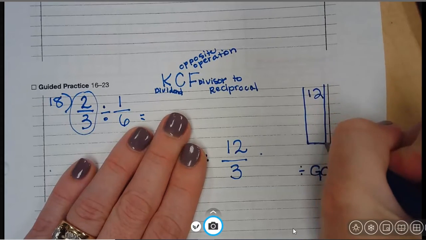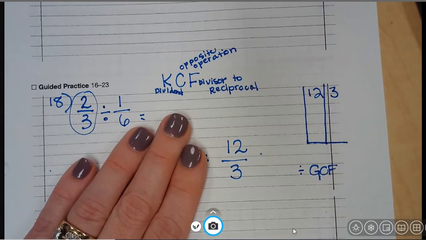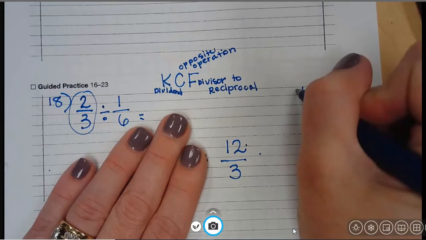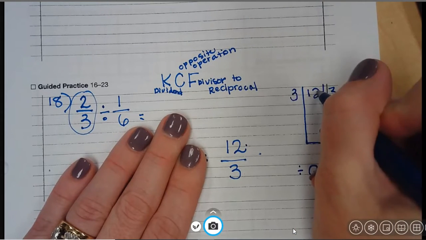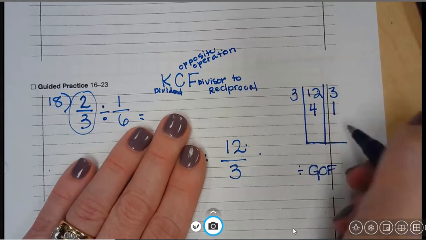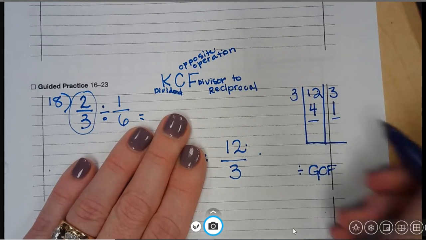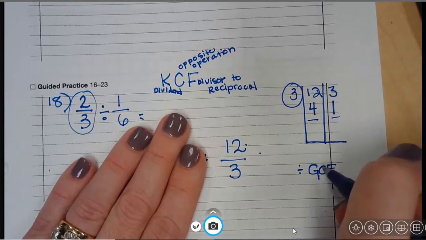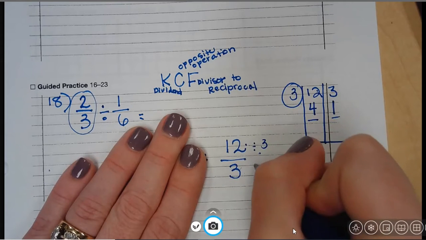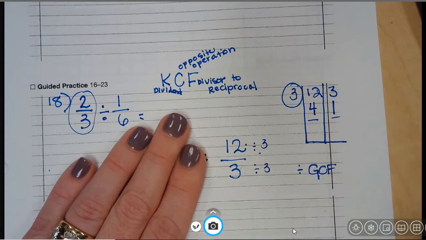So if I use my prime factorization chart that we used in chapter 1, and I put my numerator and my denominator in it and factor out all the prime factors, 12 divided by 3 is 4, 3 divided by 3 is 1. I can't divide those by the same thing, so the greatest common factor is 3. So to simplify this fraction, I divide both of these by 3.